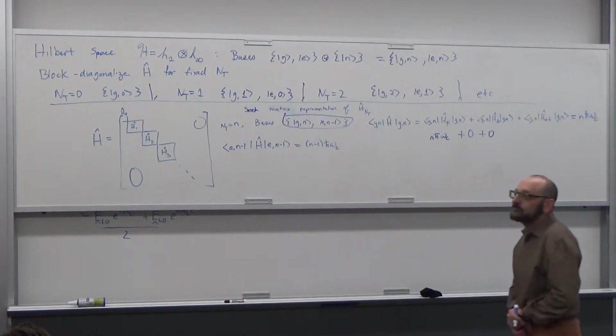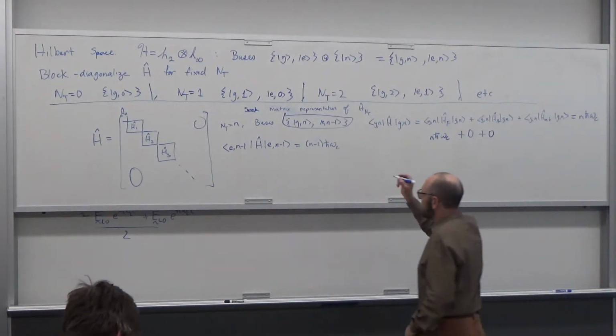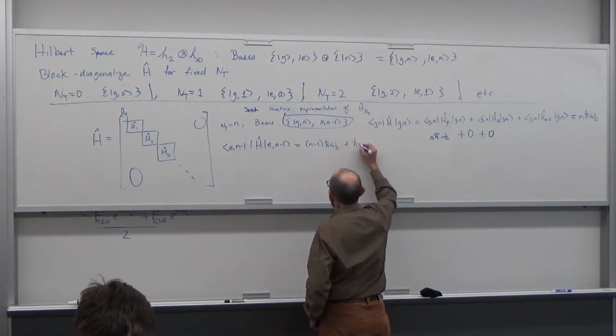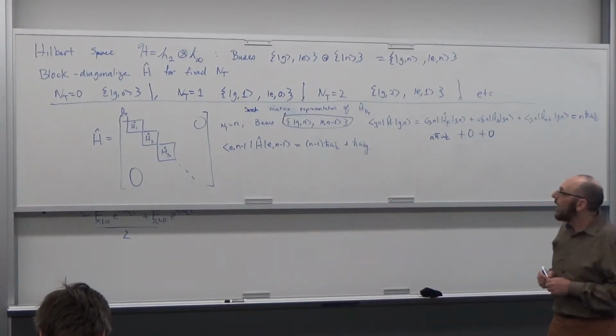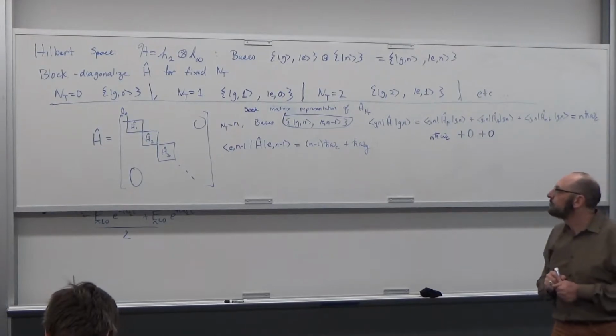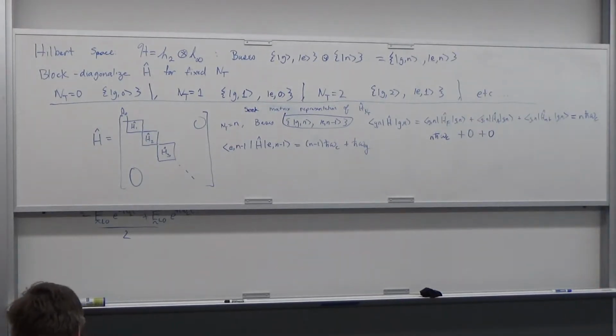The atom, which is the energy of the excited state, we'll call it h bar omega eg. And what about the off-diagonal element? Zero.